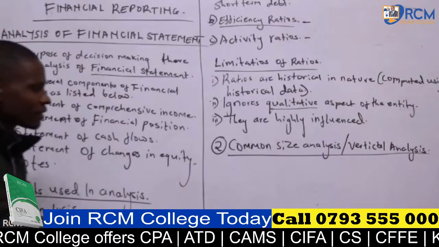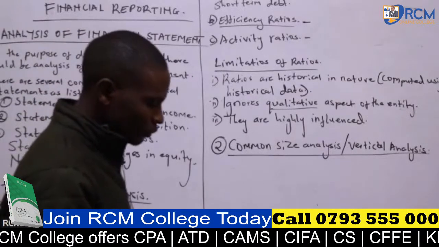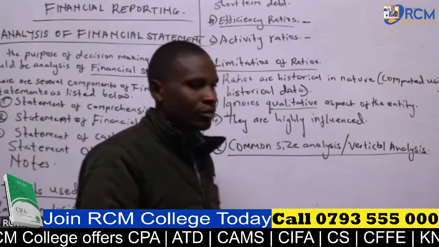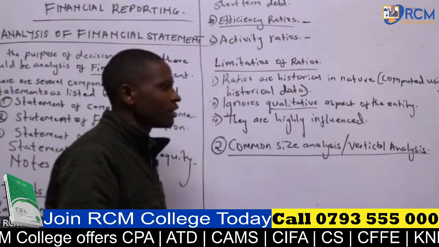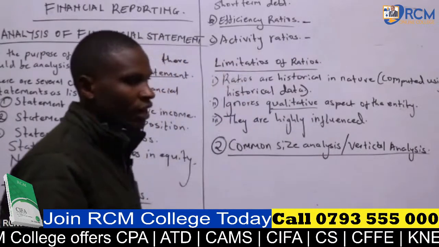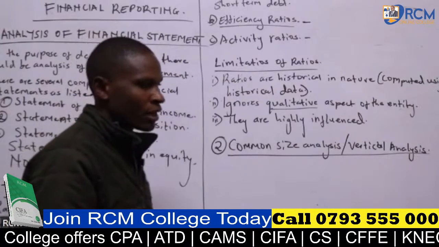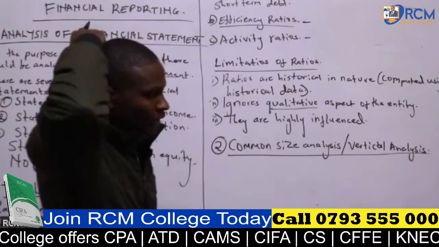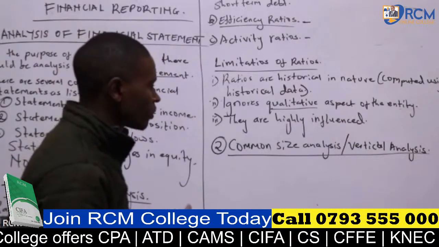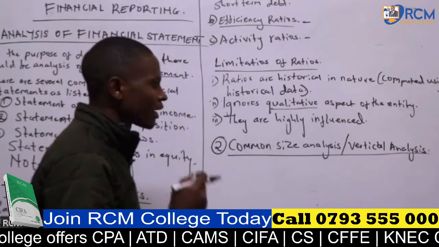We are going to look at the income statement in a vertical manner, and the balance sheet in a vertical manner. But there is something I would like you people to get from the word go.